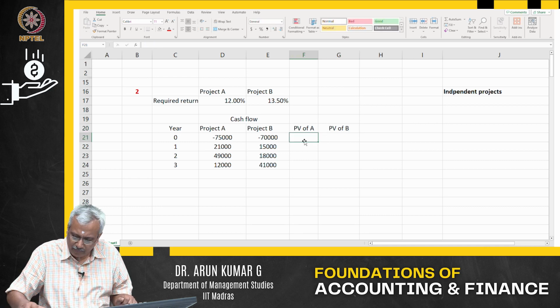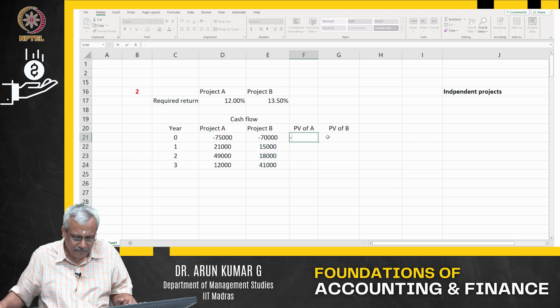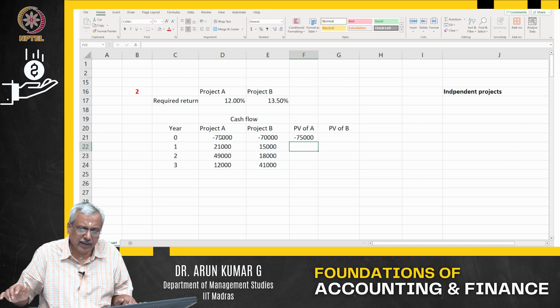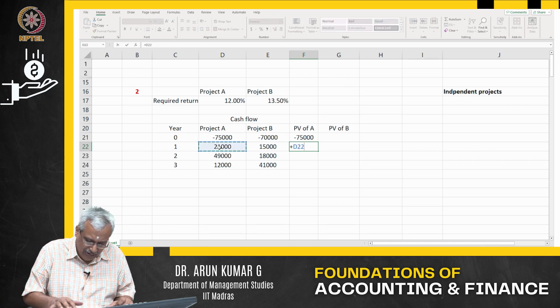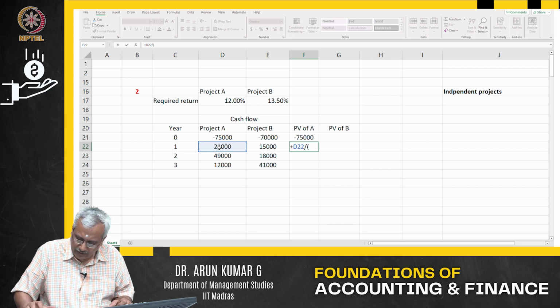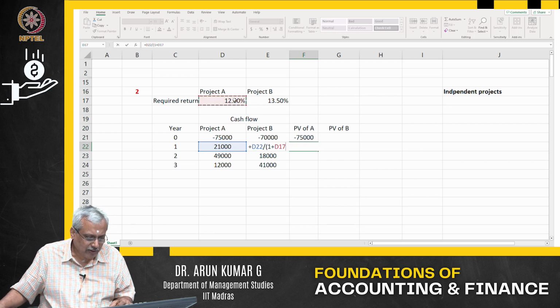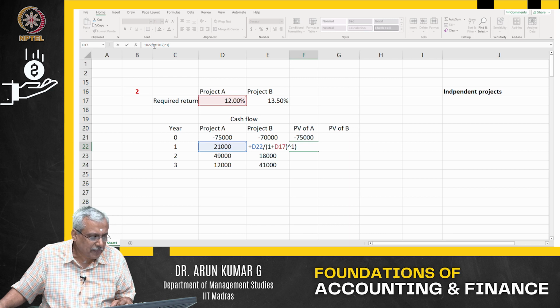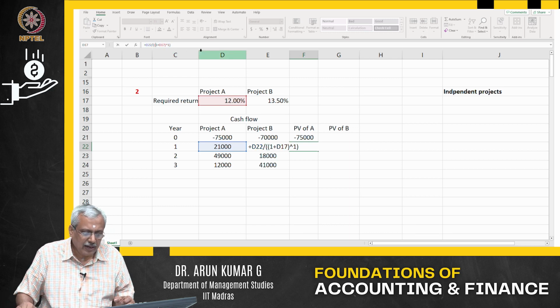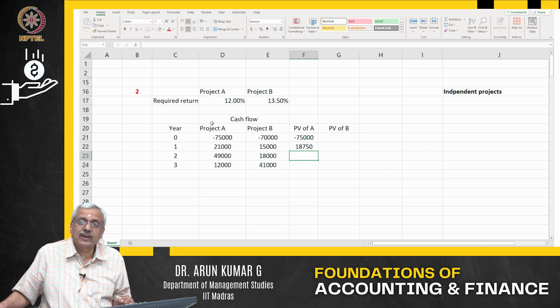Present value of B: this 21,000 I discount for 1 year, 1 plus 12% to the power of 1, because I am going to discount it only for 1 year. And then I have the present value.